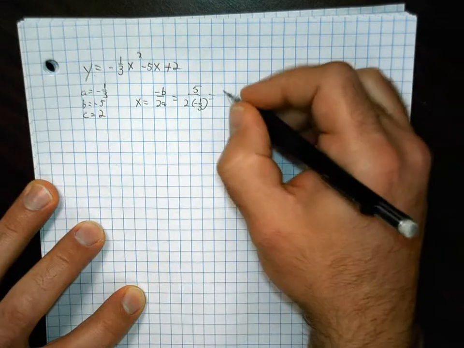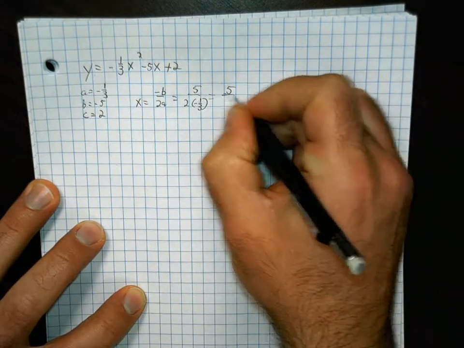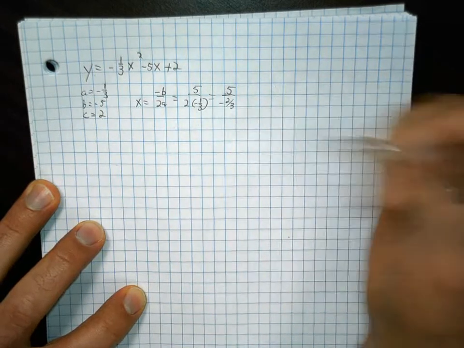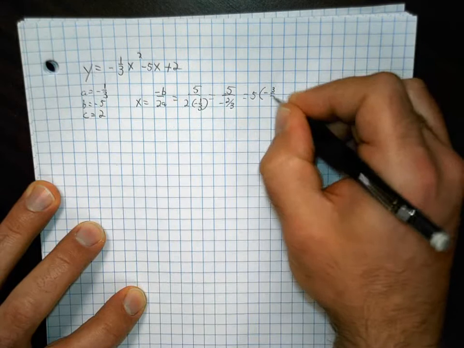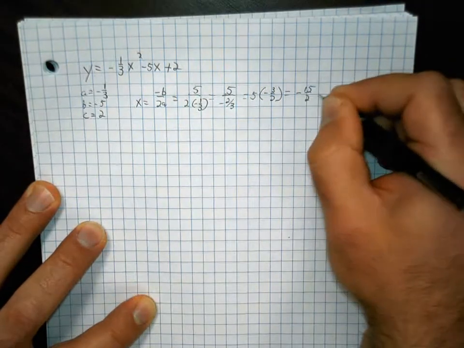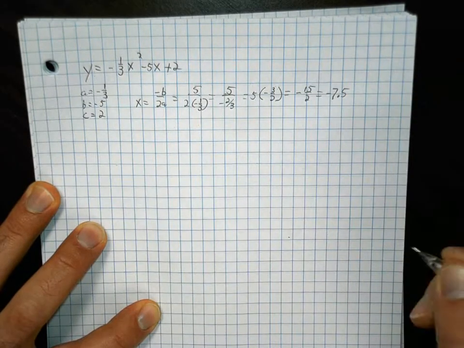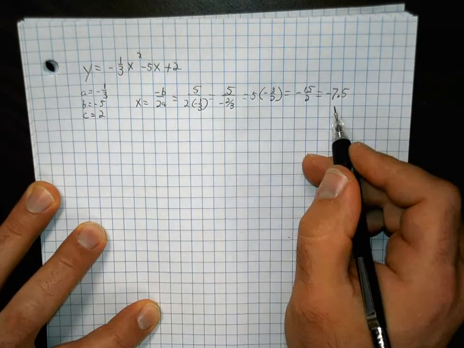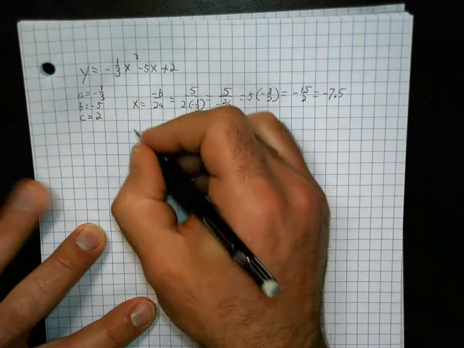Okay, so now we got 5 over negative 2/3. How do I divide by 2/3? It's the same as 5 times negative 3/2, the reciprocal, right? Which is negative 15/2, which is negative 7.5. Okay, so that's not the nicest point, but that's what it is.